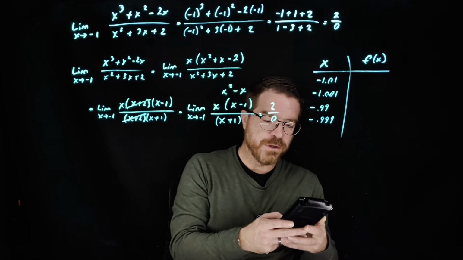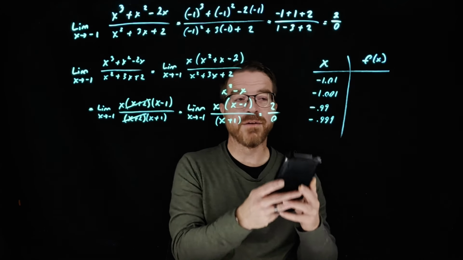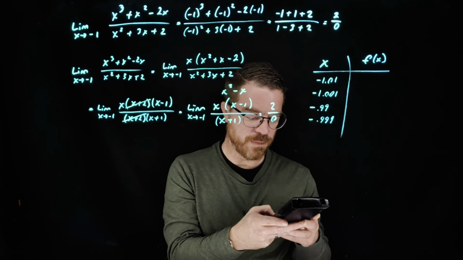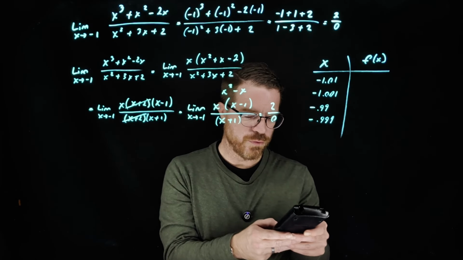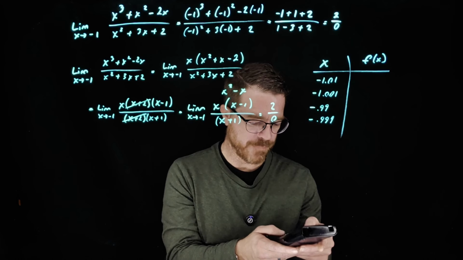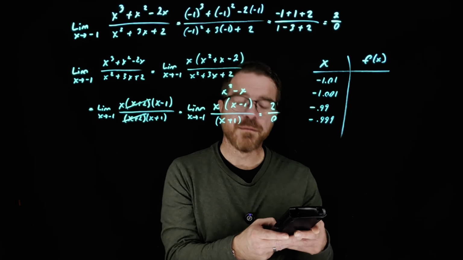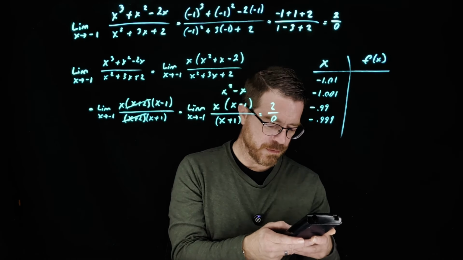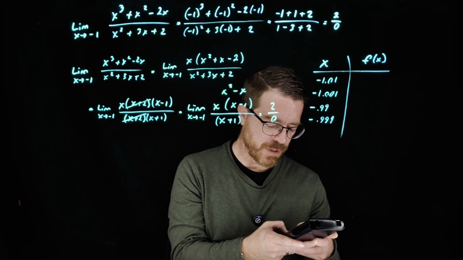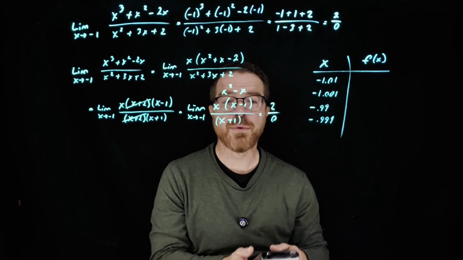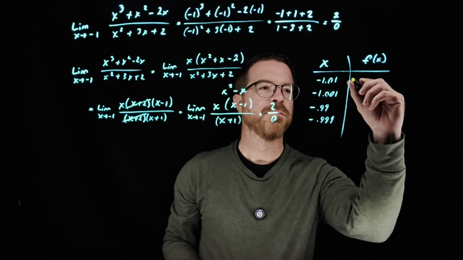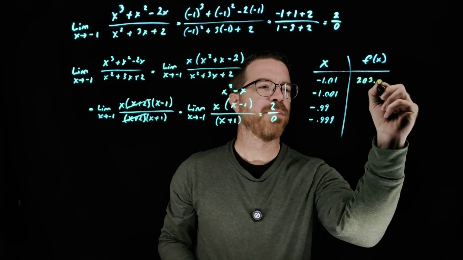So first things first, when I plug in negative 1.01 squared minus negative 1.01 divided by negative 1.01 plus 1, I get negative 203.01.